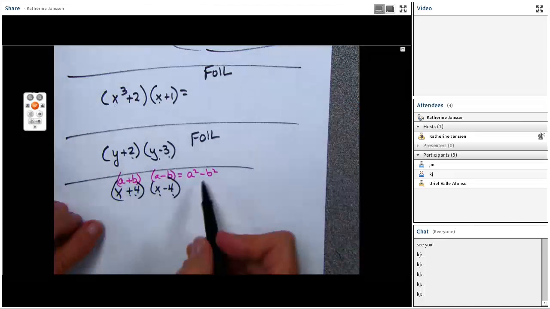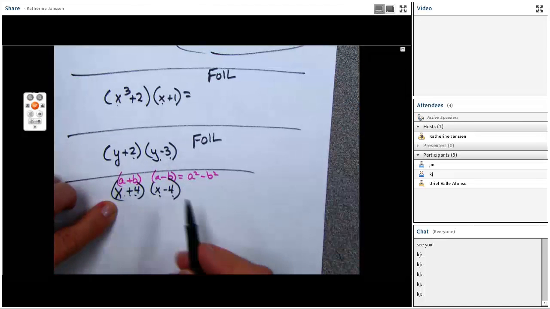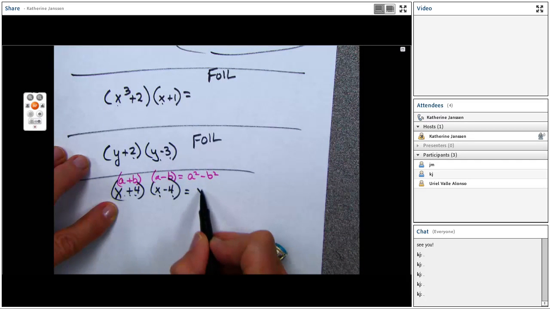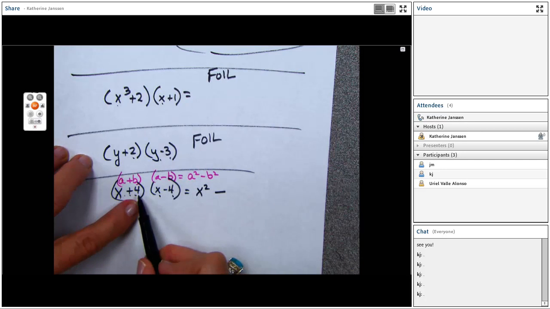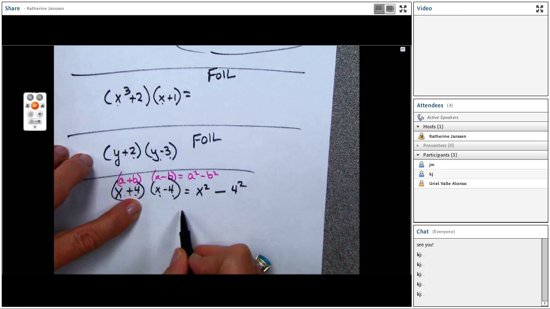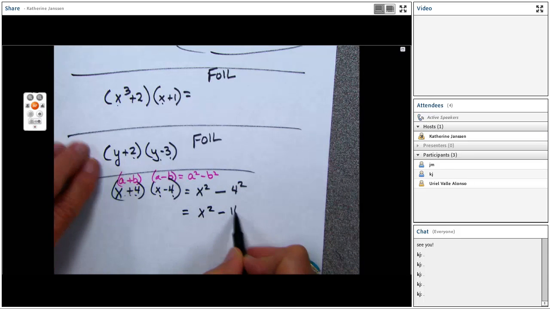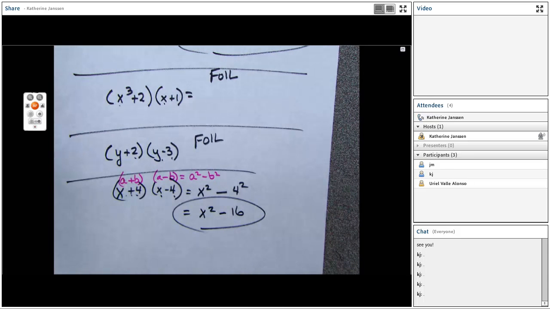And I need to square the first term. The first term is x, square it, minus, square the last term, which is 4 squared: x squared minus 16. So recognizing your form pattern and making use of it.